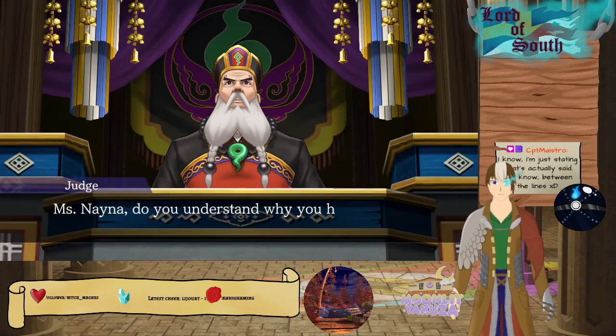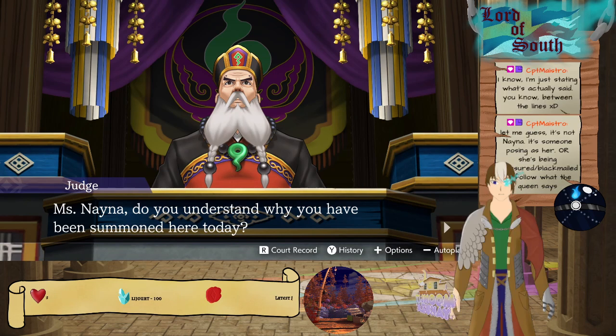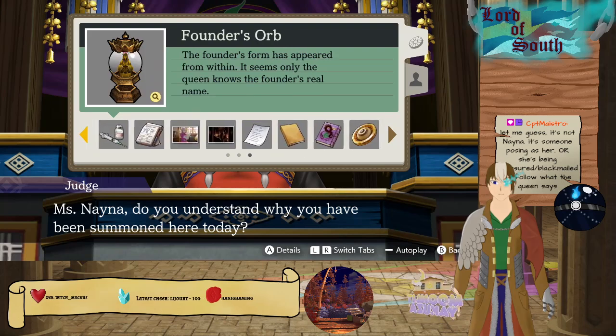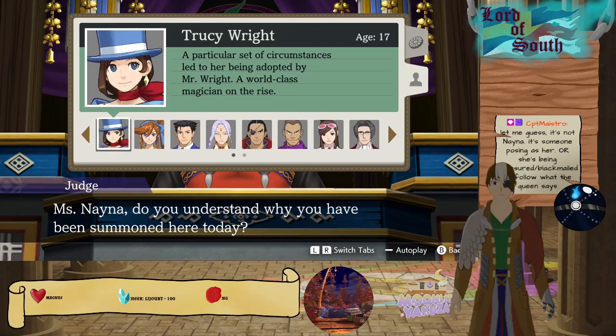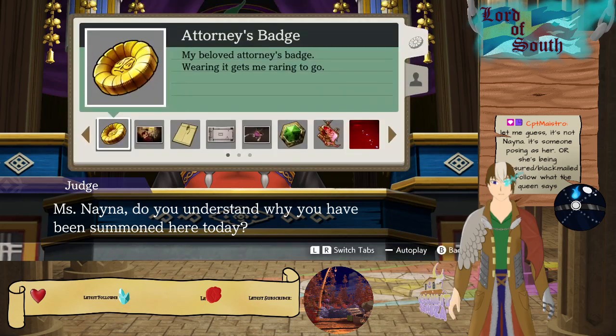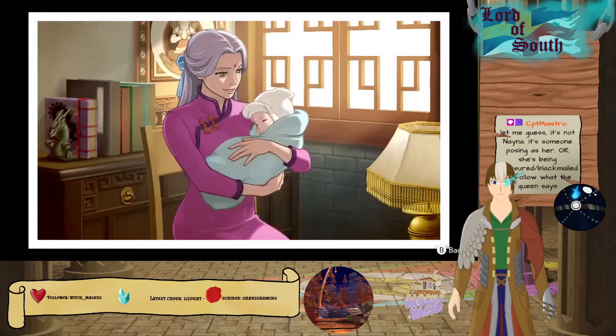I just realized, Jesus Christ, that's her hair! Let me guess, it's not Nina, it's someone posing as her, or she's being pursued, blackmailed to follow what the queen says. Probably, but also, Nina has the same forehead mark as the murderer. But not only that, she also has the same mark as this woman, which is Mara.